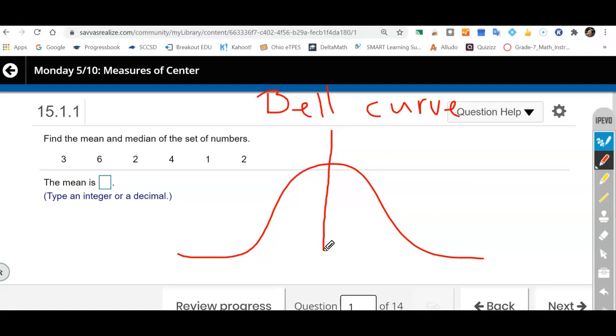I can also tell that the middle 50% of my data is the peak, the whole group right there. So it kind of tells us some information, but it's just a visual. So what we are going to be doing is actually calculating that middle or that middle 50%.